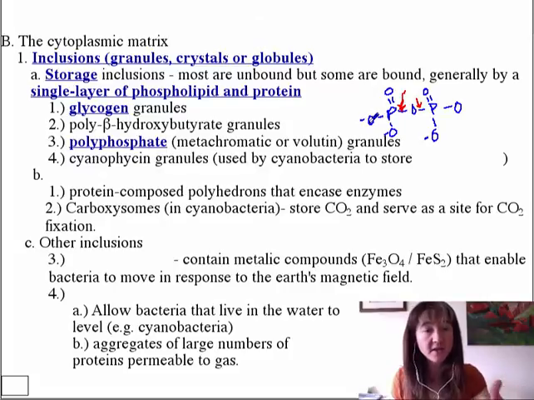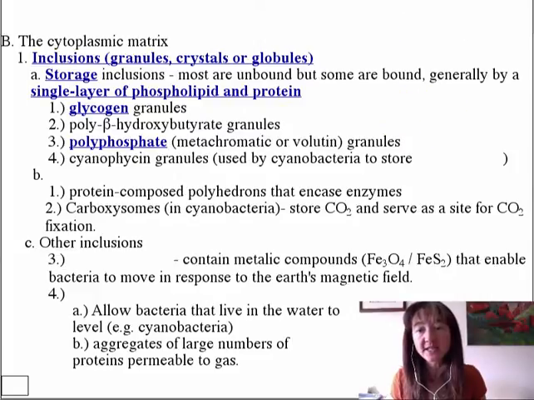It is made using a phosphorylation of ADP in order to make that high energy, universal energy currency in the cell. The next type of storage granule is a cyanophycin granule. This actually stores amino acids, but the reason that it stores these 2 amino acids, aspartate and arginine, is because they're high in nitrogen. And so this is a good way for the cell to store nitrogen.